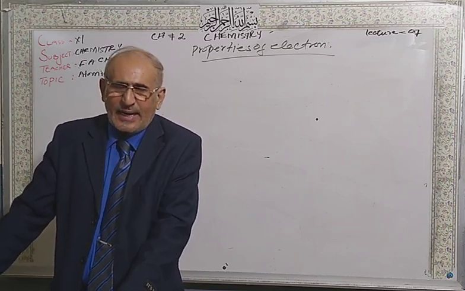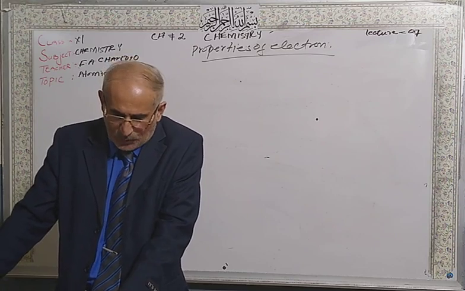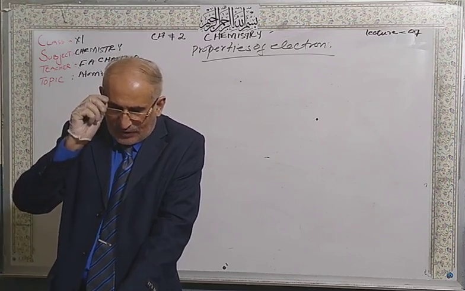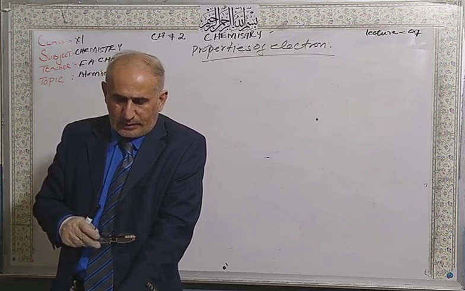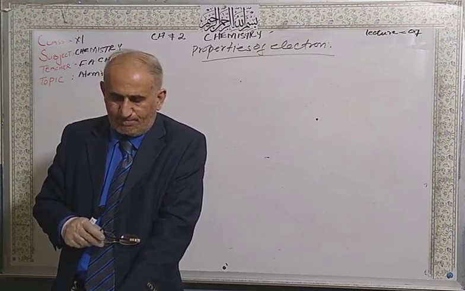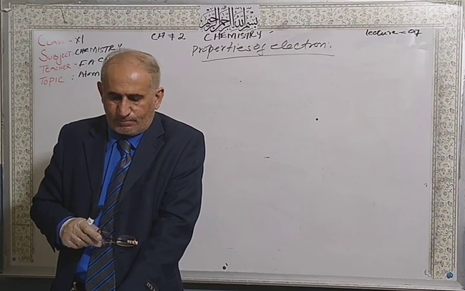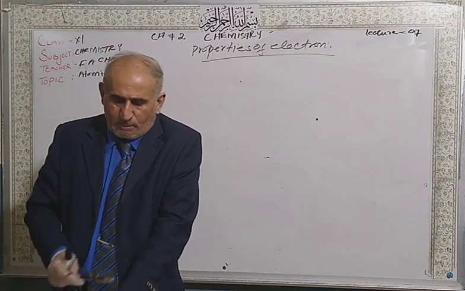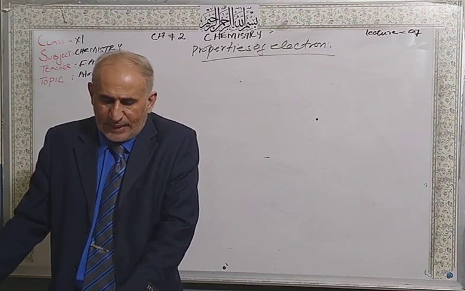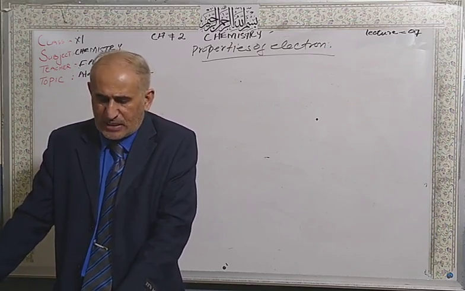J.J. Thomson in 1897 proved that these rays can be deflected towards the anode, showing that these are negatively charged particles.